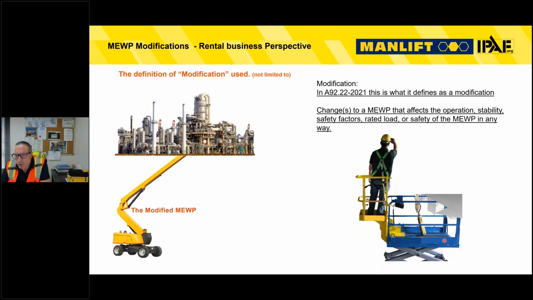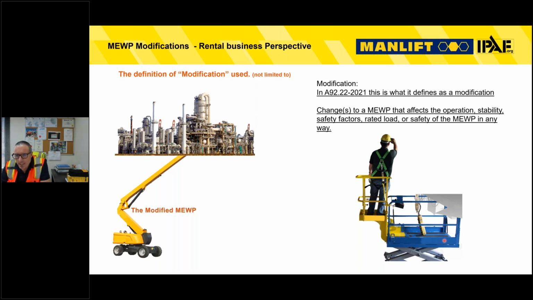And for your information, A92, the Australian standard AS 1418.10 and EN 280 CE are very similar. So the definition is not vastly different from either of those standards I mentioned, and they're the MEWPs that we will use in our rental fleet.